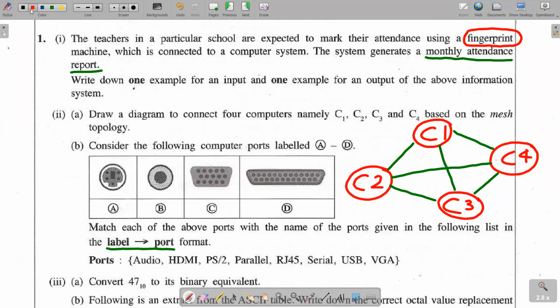So the first label, A, is a PS2 port. So A, put an arrow, PS2, as given by the paper. B, that's going to be an audio port. So B, audio.